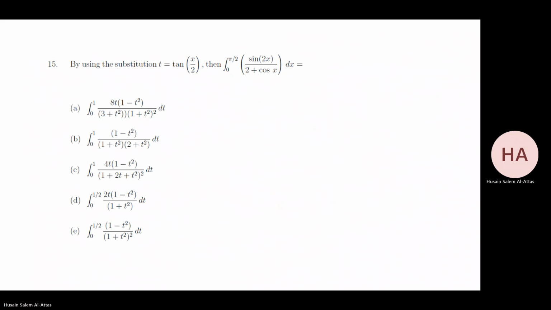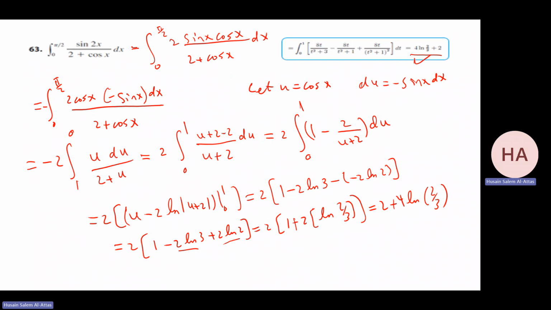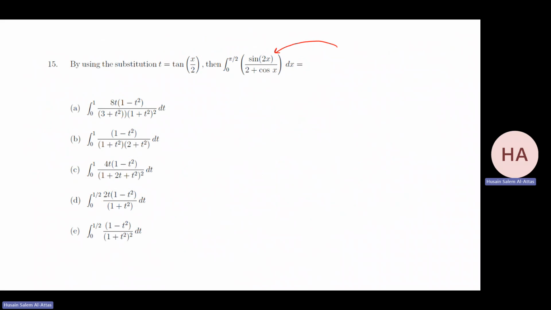Same idea, but now he wants to force me to use this, which we did before. He wants to force me to use t equal tan x over 2. Okay, so I will do it. That will be the integral from 0 to pi over 2 of 2 sine x, cosine x over 2 plus cosine x dx.